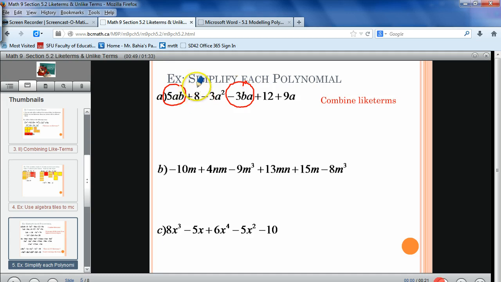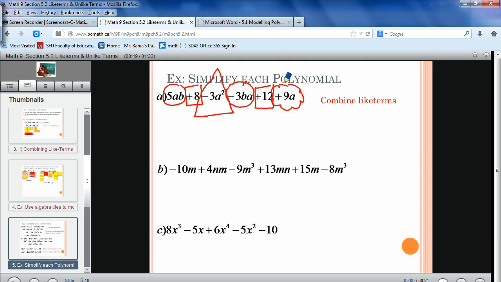The constants, we have an 8 there and a 12 there, so the numbers get a box around them, let's say. The a squareds, there's only one of them. Let's put a triangle around them. And plus 9a, what's left? Let's put a cloud around them.